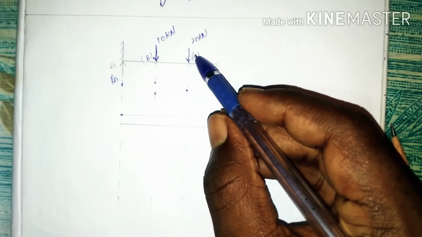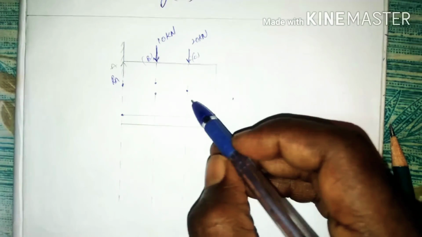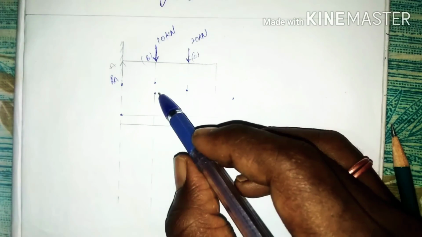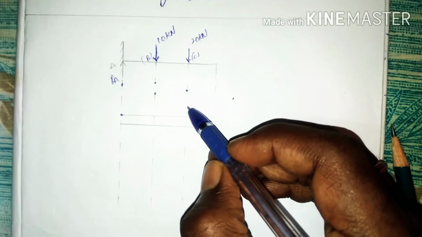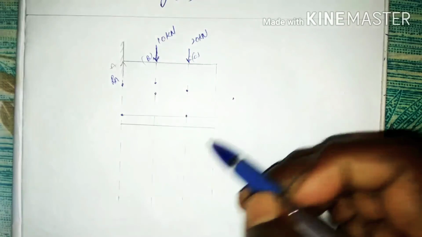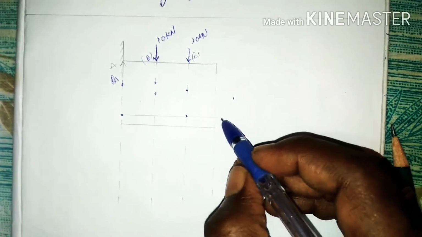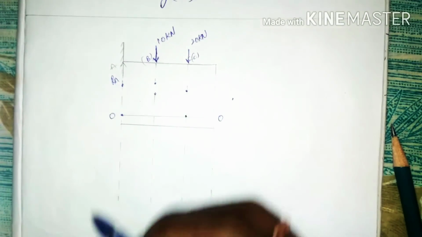After C, we find here is 20, that is 0. After the right of C, we find the value 0. This is my 0.